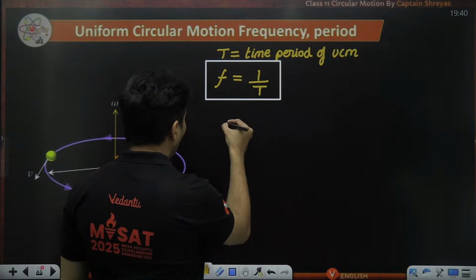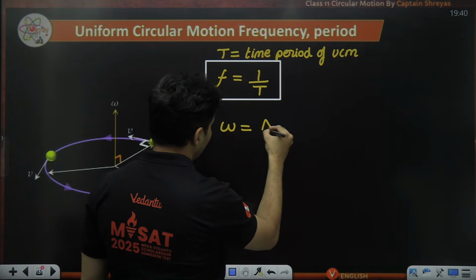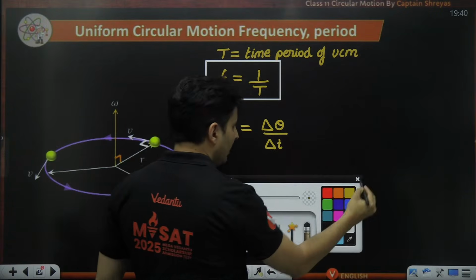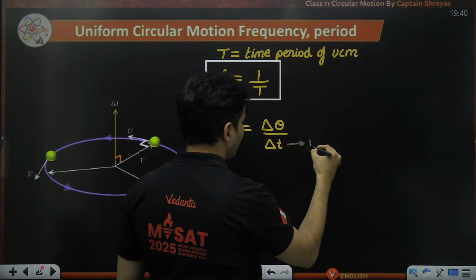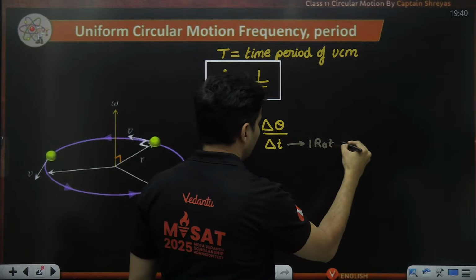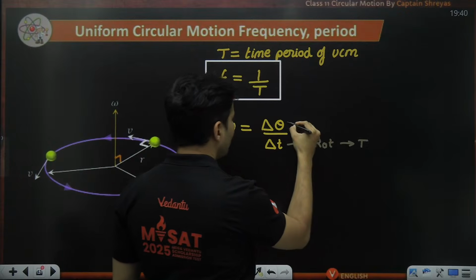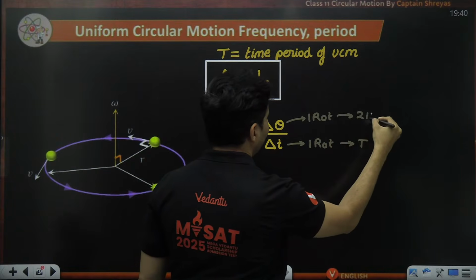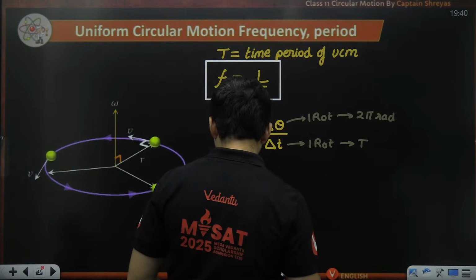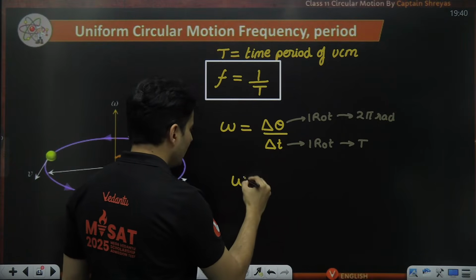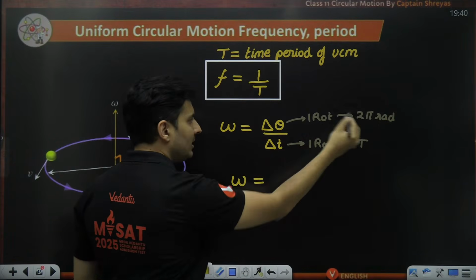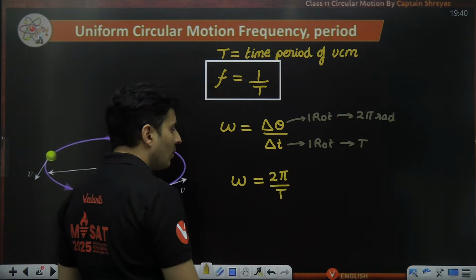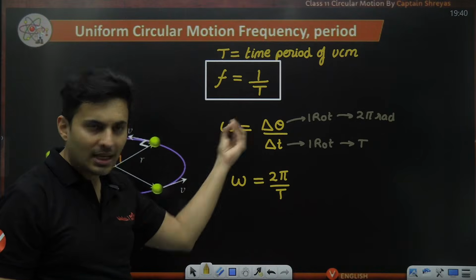Next thing, omega, since it is delta theta by delta t, imagine I take one rotation. For one rotation, the time will be T, and the angle covered will be 2 pi radian. So, can I not say for uniform circular motion, delta theta will be 2 pi, and time will be just the time period.